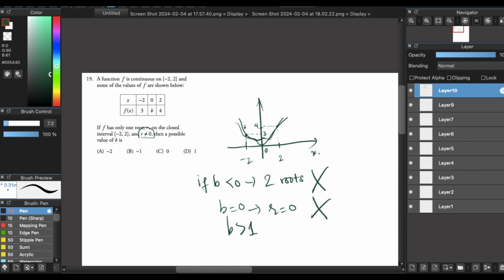It might not intersect, or it might, and it might even cut it like this too. But at least there's still a possibility that f might have one root and it is not 0. So it's possible, though not conclusive, but it's the best choice that we have right now. So D is our correct answer.